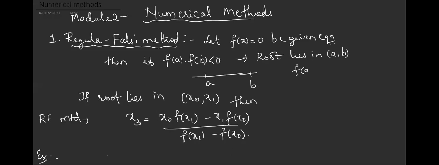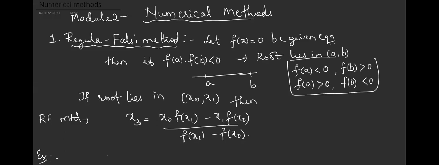That means suppose f of a is less than 0, then f of b should be greater than 0, positive. Only then do you get the product as negative. Else, one more possibility: f of a may be positive, and then f of b should be negative. So this is most important, either the first or the second condition.